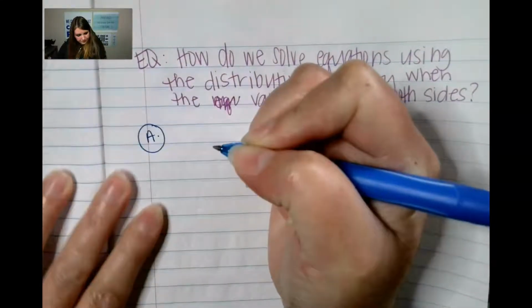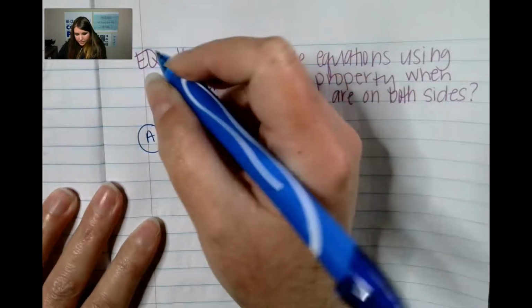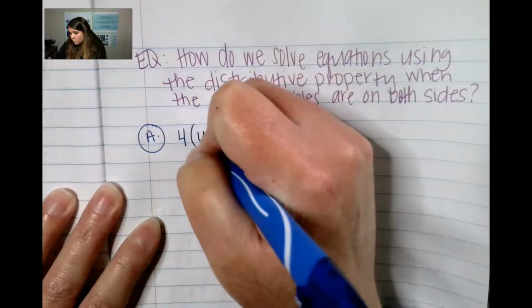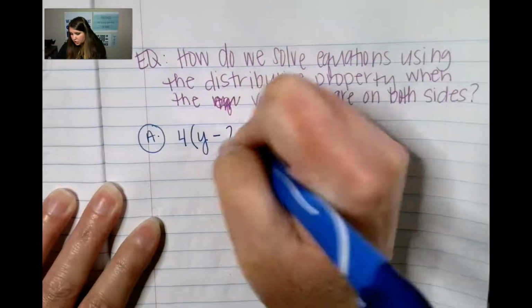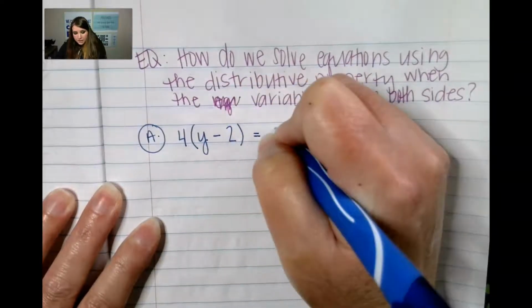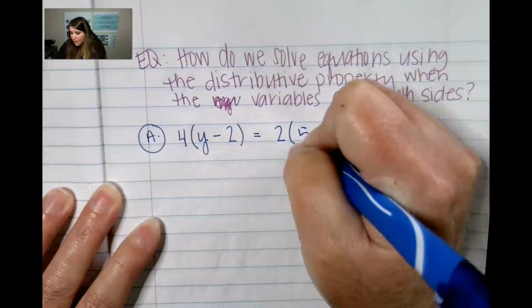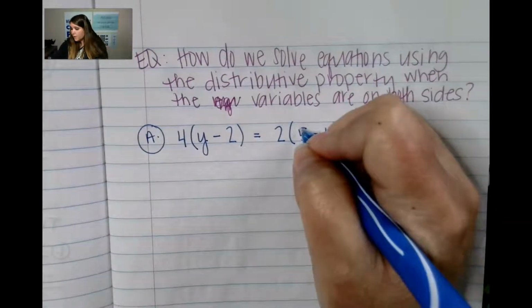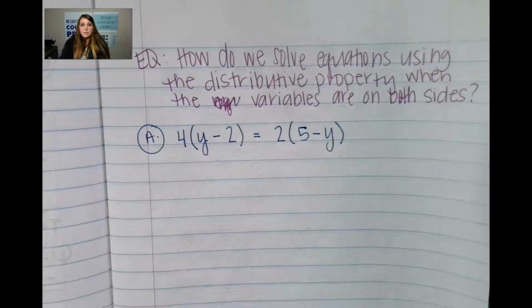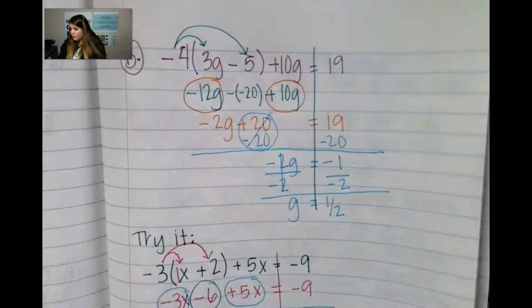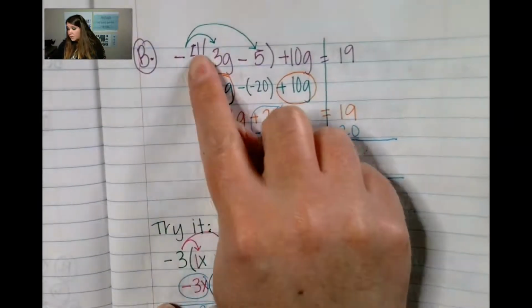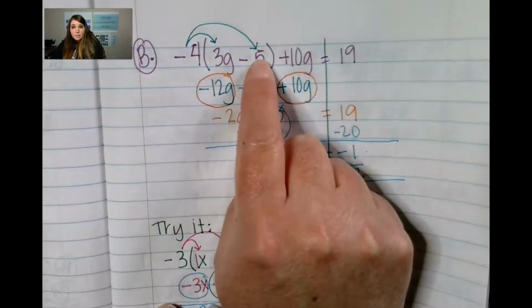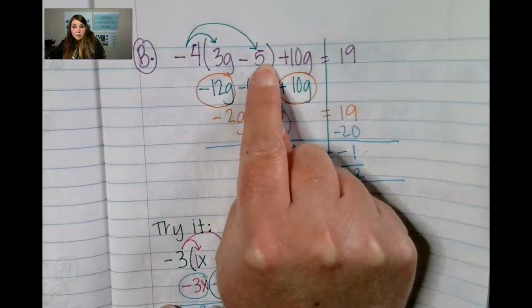Example A. Example A says, I have 4 groups of y minus 2 equaling 2 groups of 5 minus y. All right, so when we look back at our notes around the distributive property, we notice that we need to share this outside number to the inside so that each piece has that many groups, right?